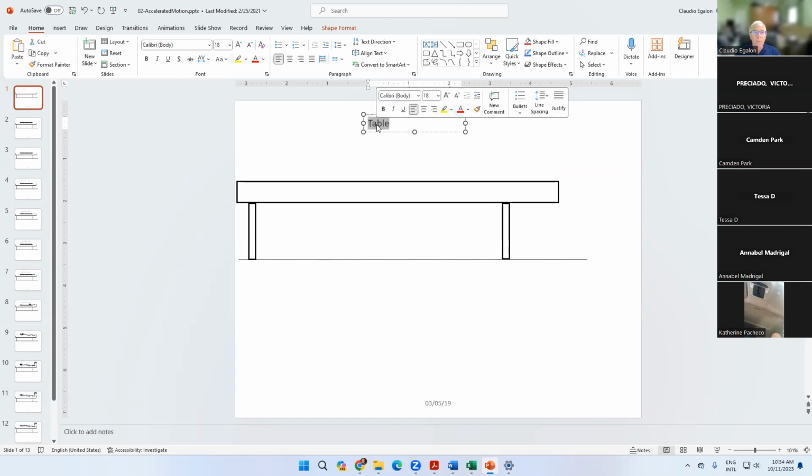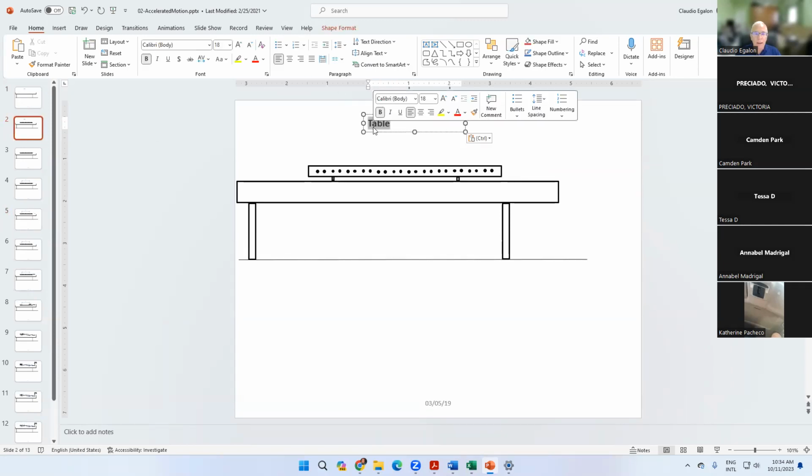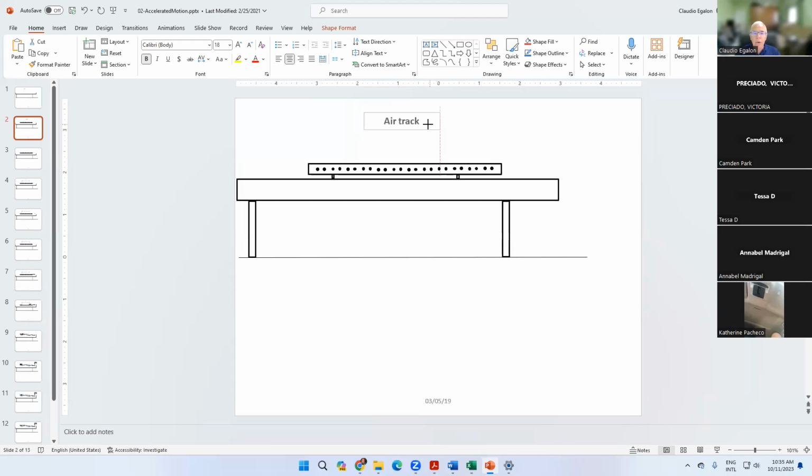Next one is going to be the air track, like that. Every time I introduce a new device, I add a new element to my drawing and put a name there.